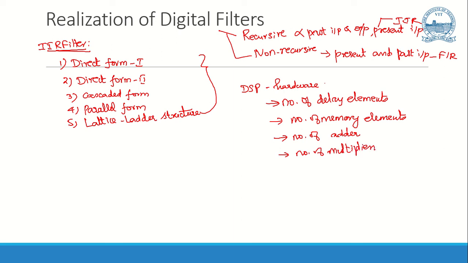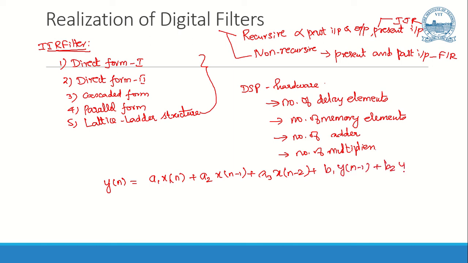And why we are considering all these things here is, if you take an expression of a system, that is, output of a system y of n, it is represented by some a1 x of n plus a2 x of n minus 1 plus a3 x of n minus 2 plus b1 y of n minus 1 plus b2 y of n minus 2, and so on.